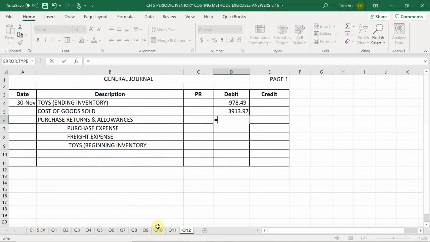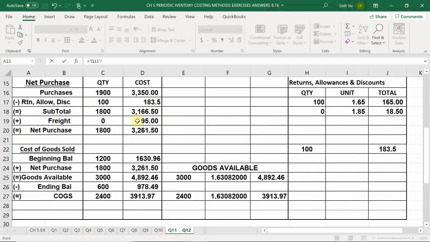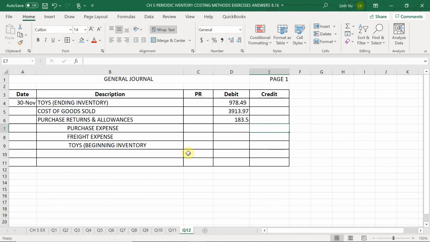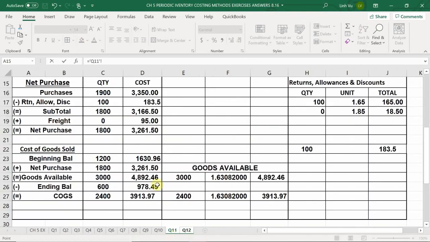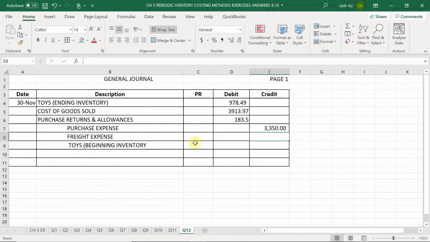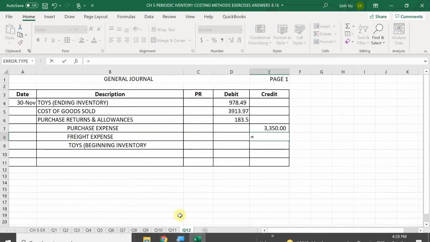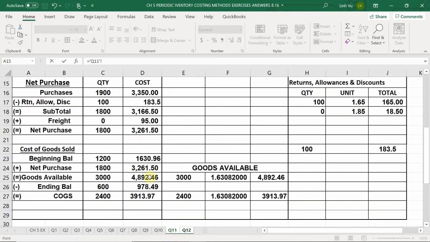$3,913.97. Good. My total returns and allowances. Okay. My total original purchases. 3,350. My total freight. 95.